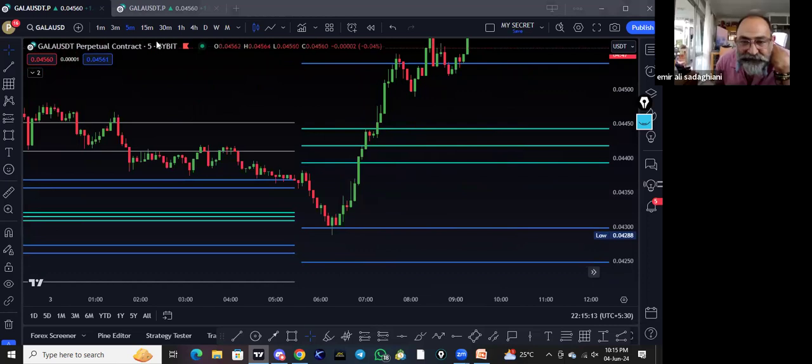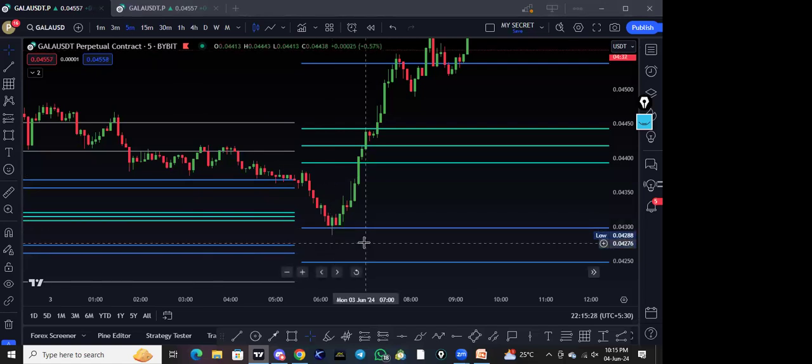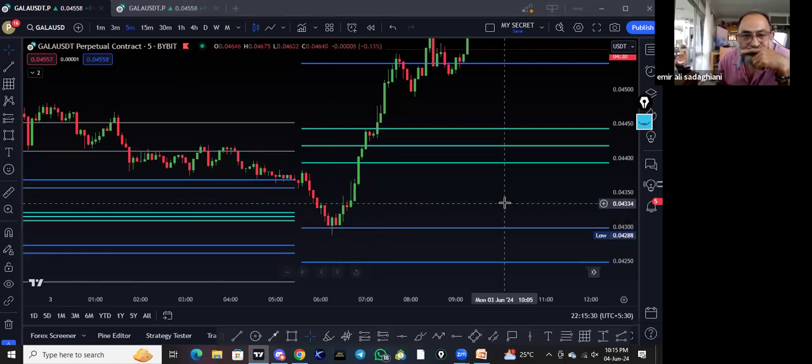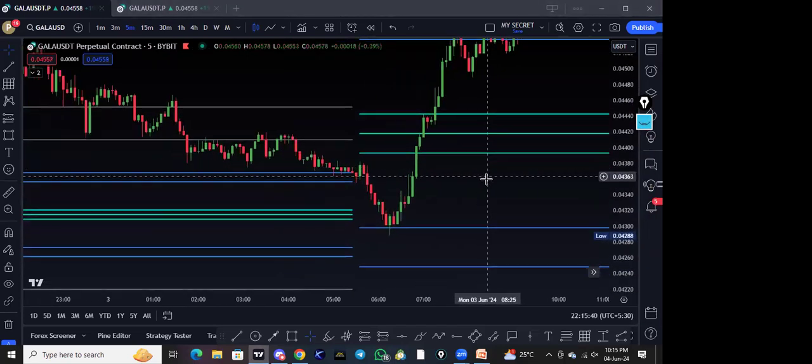I see this green one as a hammer, at the bottom, on the 4288. Is that correct? Yes, that is a hammer. And I'll show you, sir, a hammer can look different. Sometimes you will see a small body, sometimes a big body.